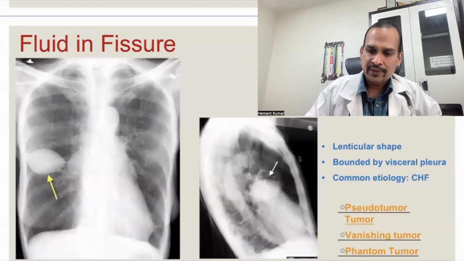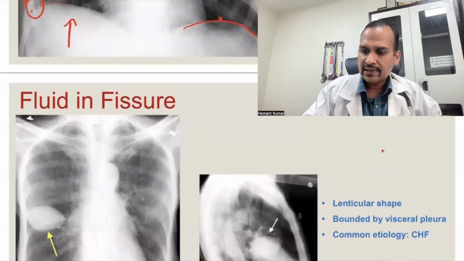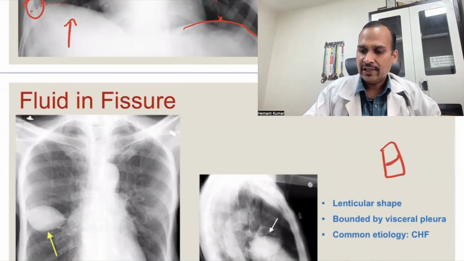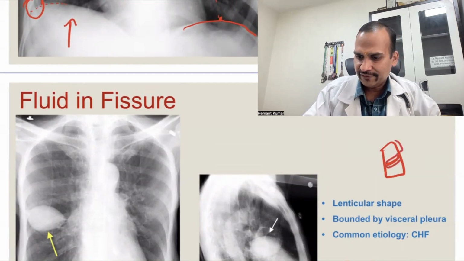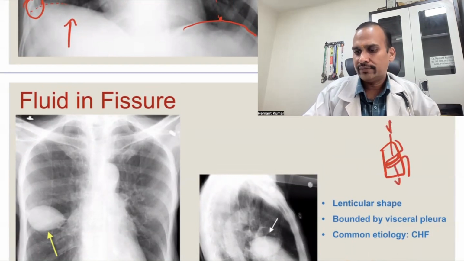Say for example, this is the lung and this is the fissure. So the visceral pleura is coming like that, and coming here, folding itself like that. So this is visceral pleura and this is also visceral pleura.